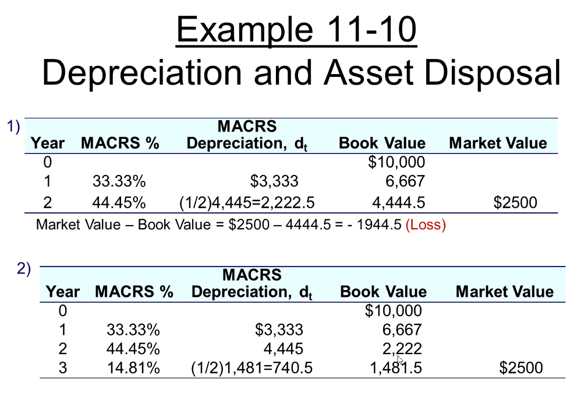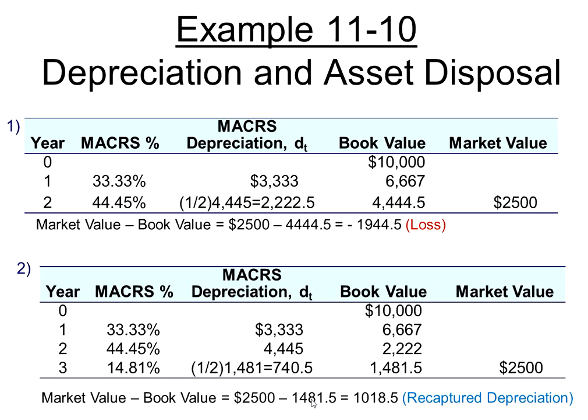So the book value at the end, when we sold it, is $1,481.05, but we sold it for $2,500. So from market value, we subtract book value. From $2,500, we subtract $1,481.5, and we get a difference of 1,018, and that's recaptured depreciation, or ordinary gains.